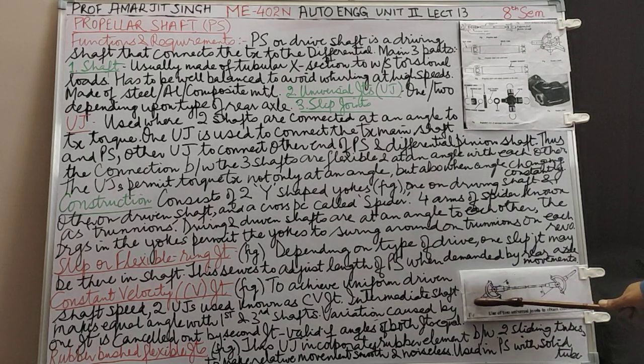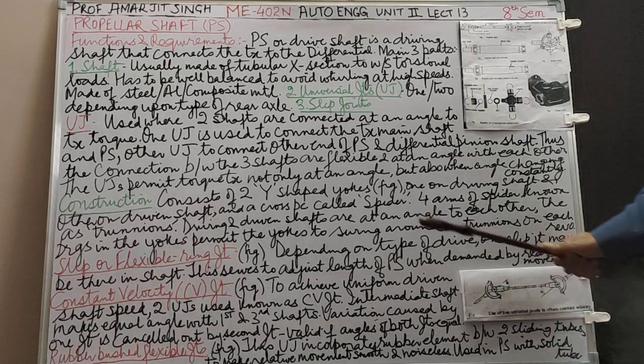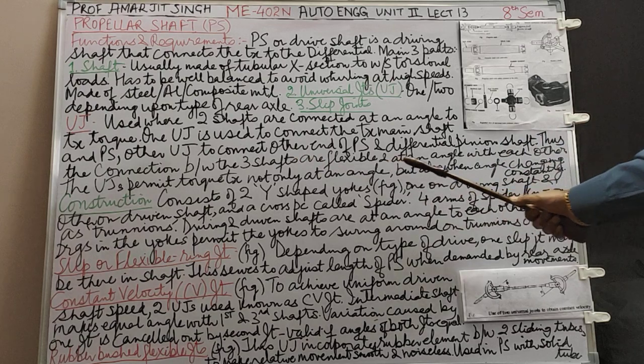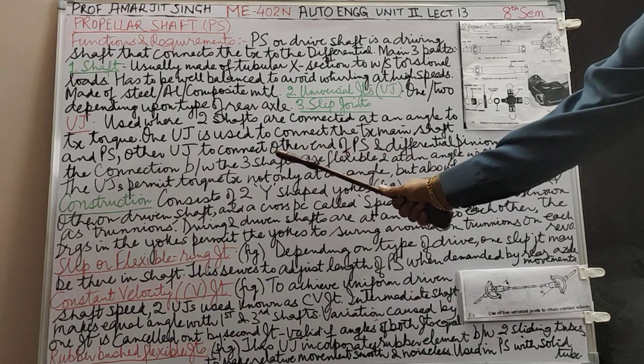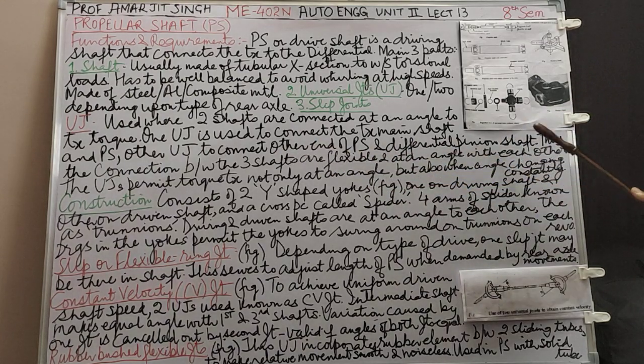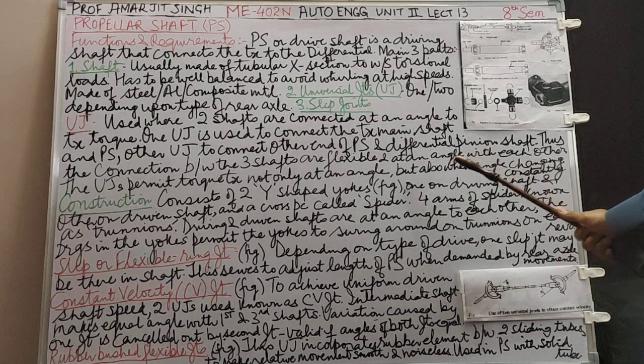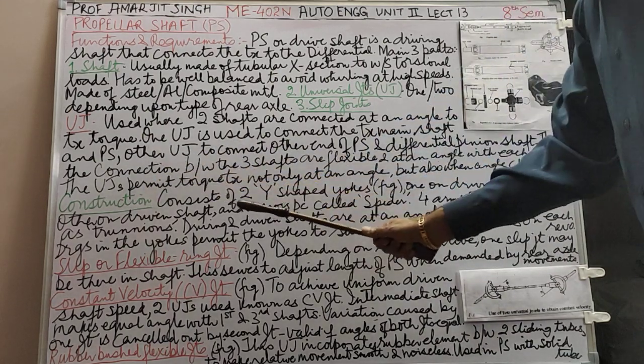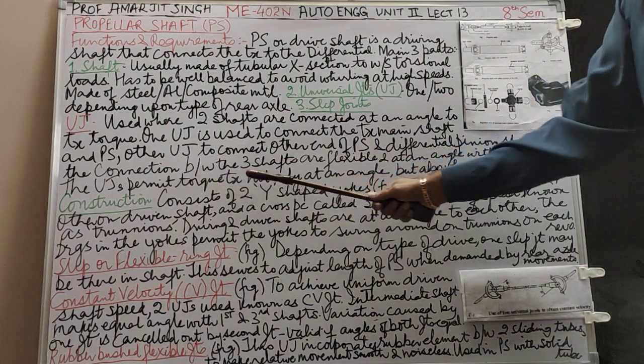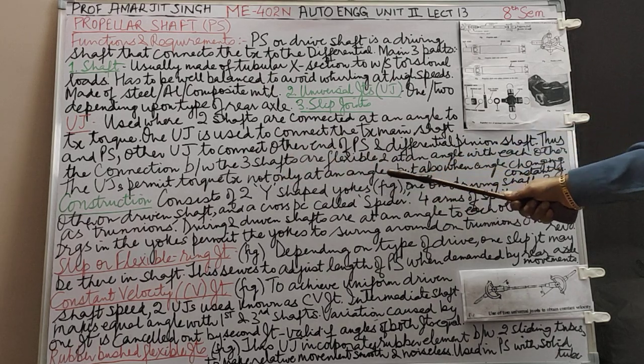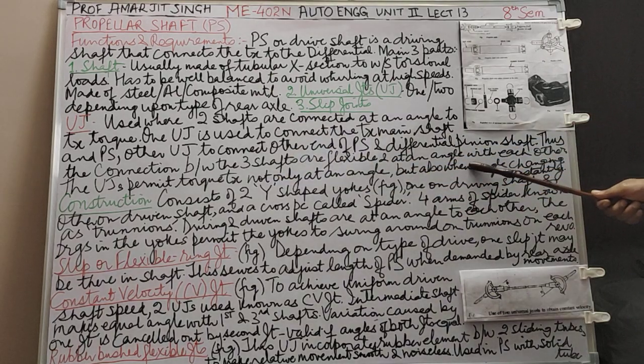Here's another view. This is the transmission shaft, this is the input shaft, they're at an angle, so it connects. These are the two universal joints. Thus, the connection between those is flexible and at an angle with each other. The universal joints permit torque transfer not only at an angle, but also when the angle is changing constantly.